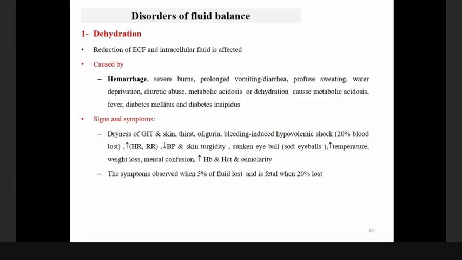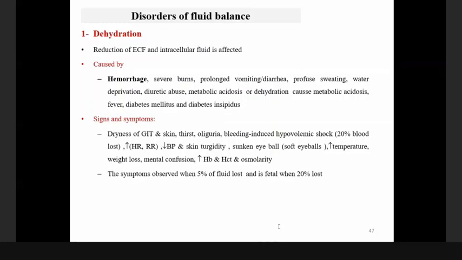So the first is burns. If you have burns, or water deprivation, where you don't take water for a certain time, you get dehydration.